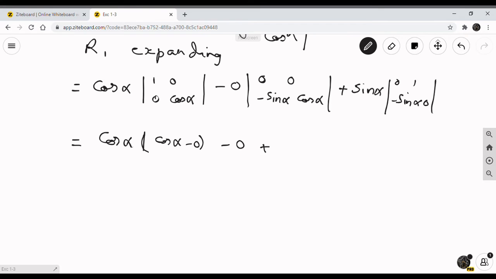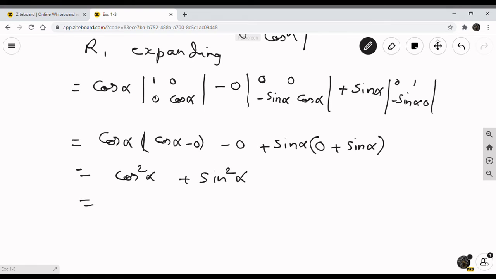So the last term, sin alpha. So that is 0 minus of minus sin alpha, that is plus sin alpha. Now this becomes cos square alpha, and this cos into 0, 0 and minus 0, and here also sin into 0, 0. So sin alpha into sin alpha, that is sin square alpha.